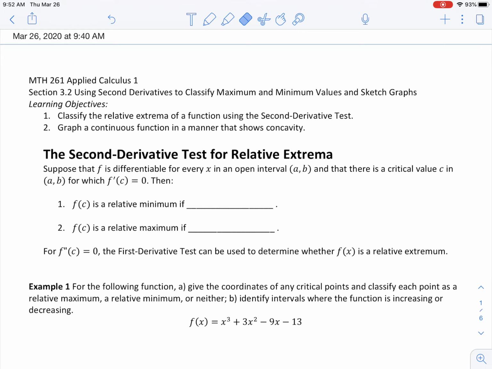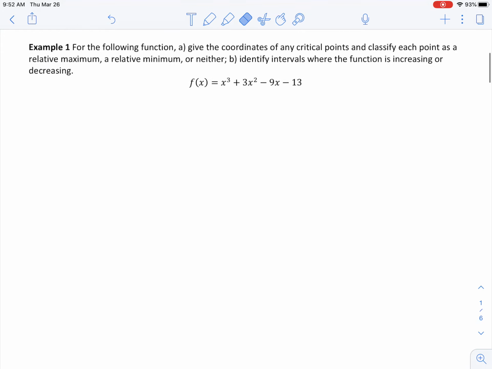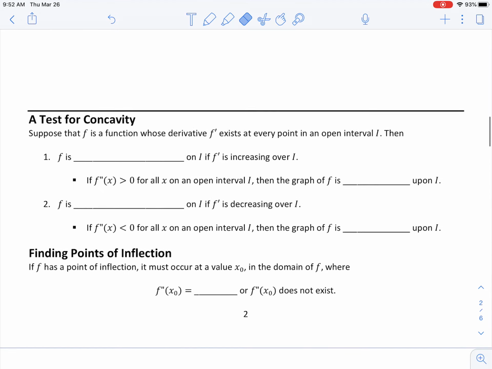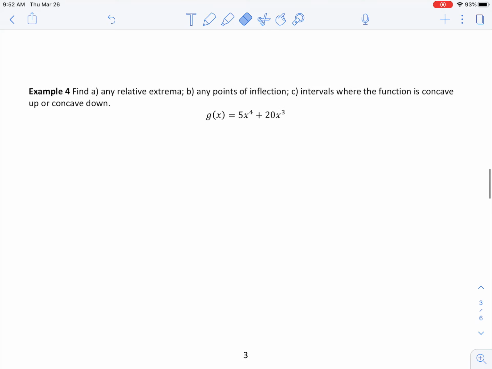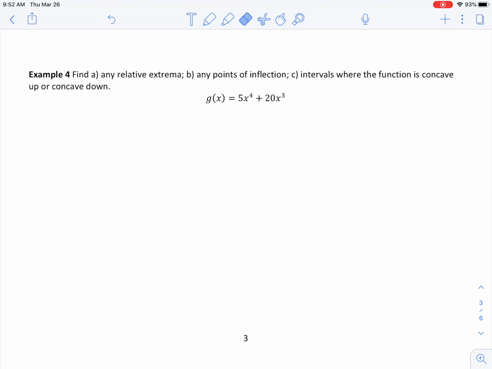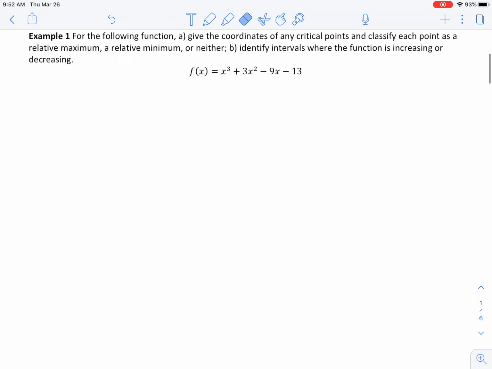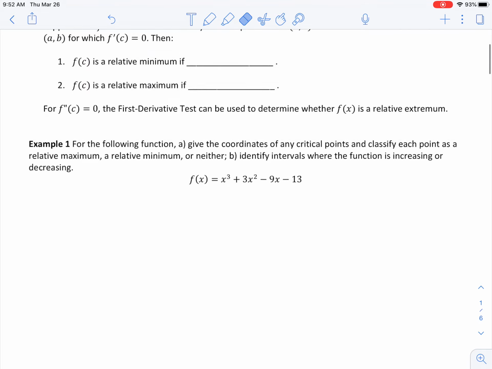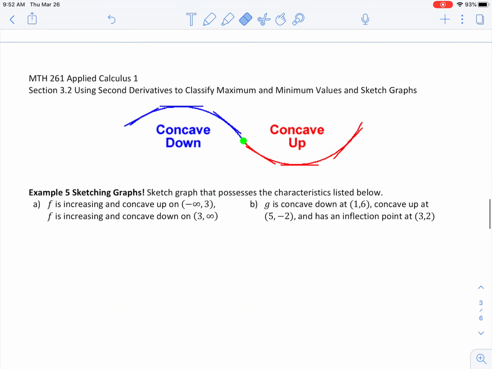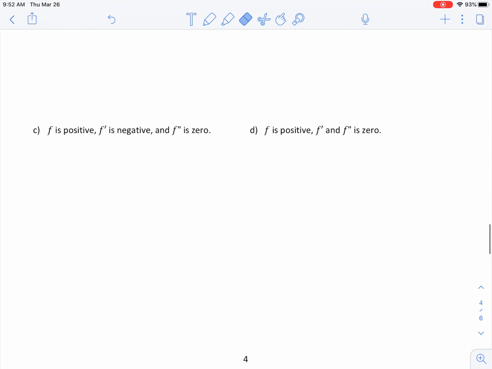Now, my plan is to go over examples 1, 2, 3, and 4. So I'm going to stop after finishing page 3. I will come back and go over the second objective, where we're going to graph a continuous function in a manner that shows concavity. And not only that, we're going to sketch some graphs.